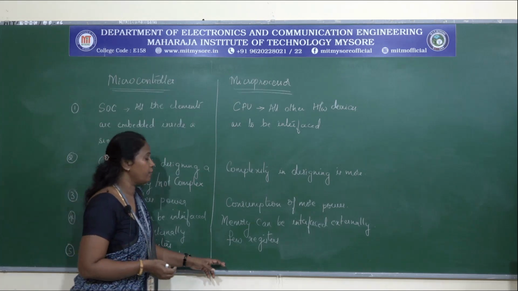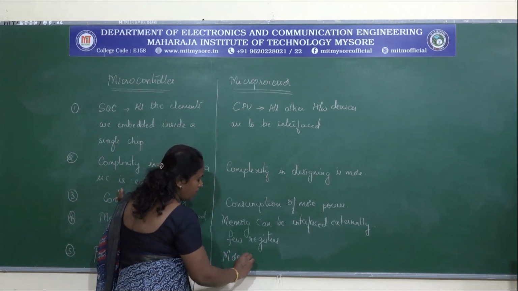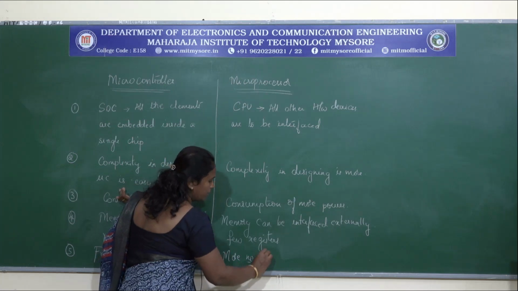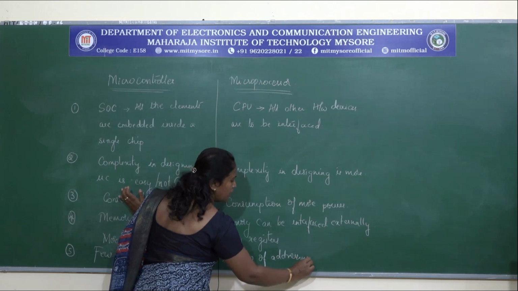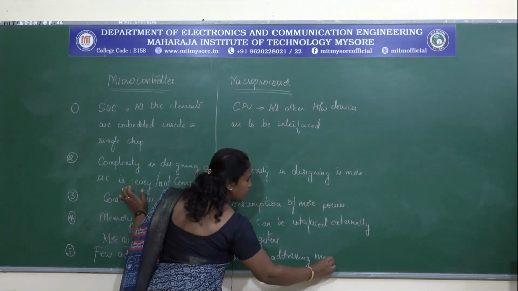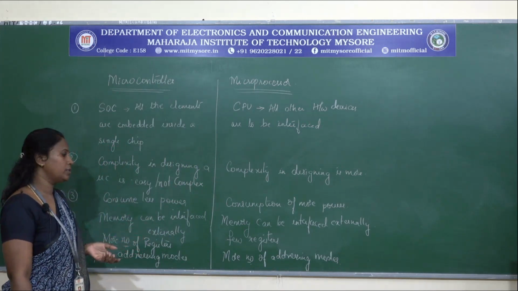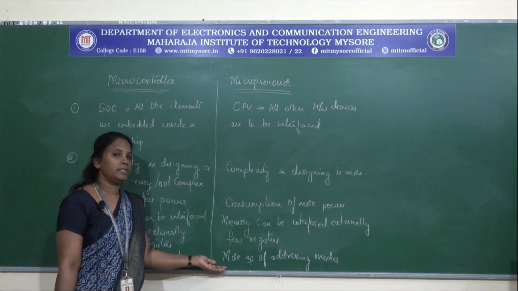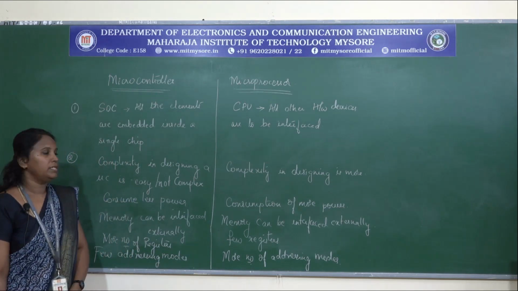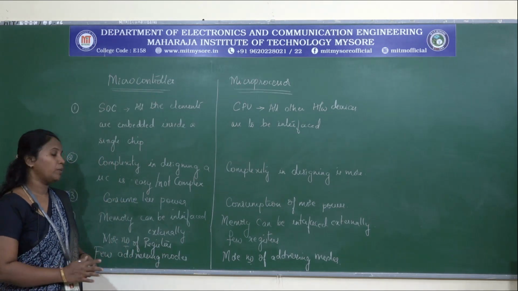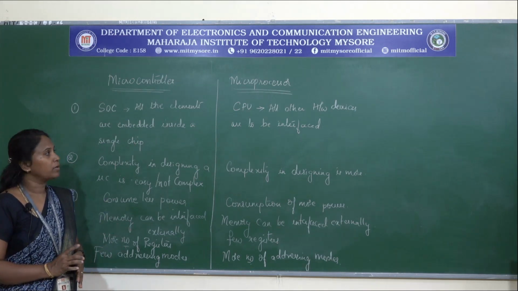Now in the case of a microprocessor, we have more number of addressing modes. Since we have more addressing modes, the complexity is more in the case of a microprocessor. So these are some of the common differences between a microcontroller and a microprocessor.